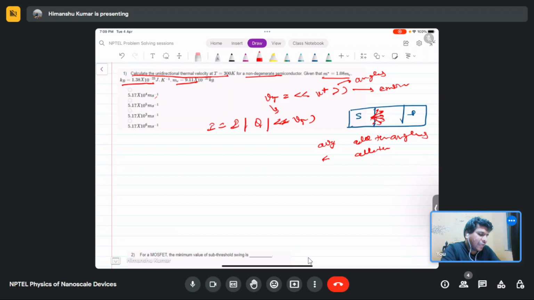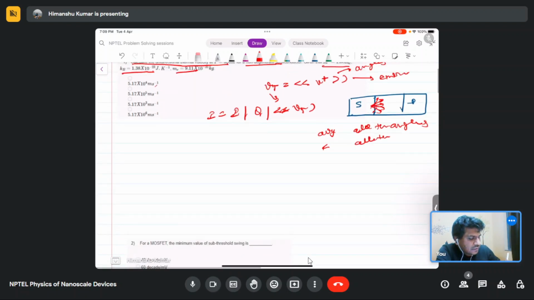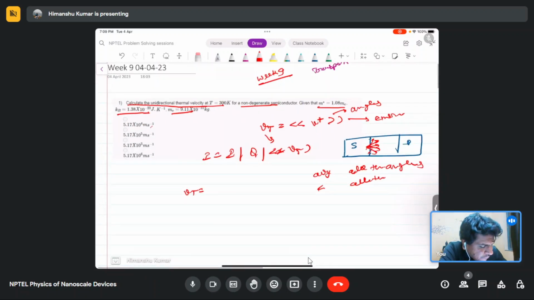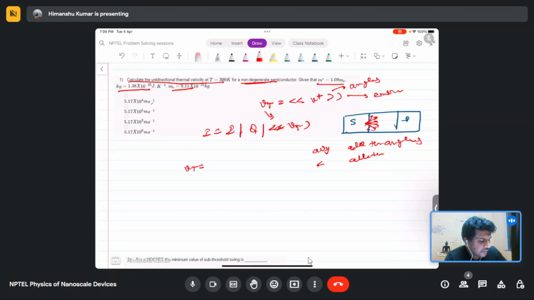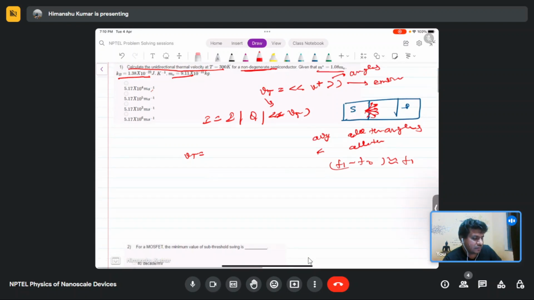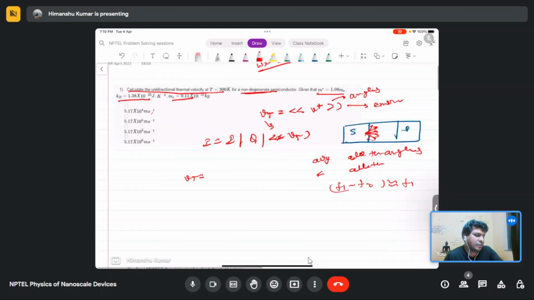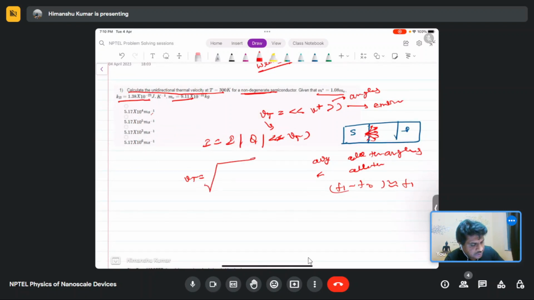To calculate Vt, as per the derivation done in the class, if we have a non-degenerate semiconductor and we assume that f1 minus f2 is approximately equal to f1, since the applied voltage is quite large compared to the difference in the Fermi functions in the drain and source regions, then Vt comes out as the square root of 2 kBT by pi m star.